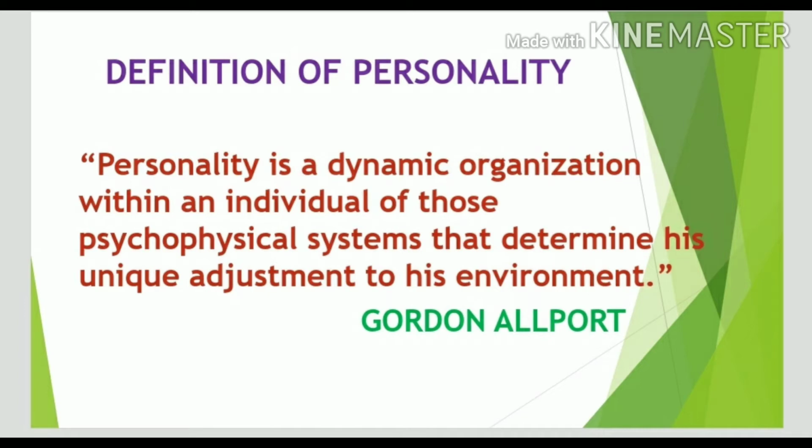It includes our habits, attitudes, sentiments. Okay, so that is the psychophysical system. That basically determines an individual's unique adjustment to his environment, how a person adjusts to his society, to his environment. Personality, according to Allport, is a mode of survival. How you can survive in the toughest situation of your life, that is your personality.